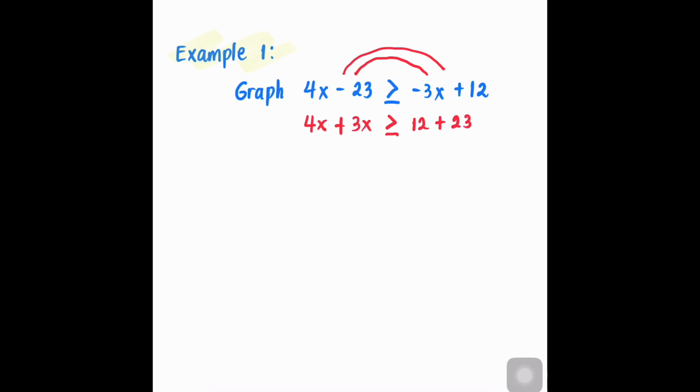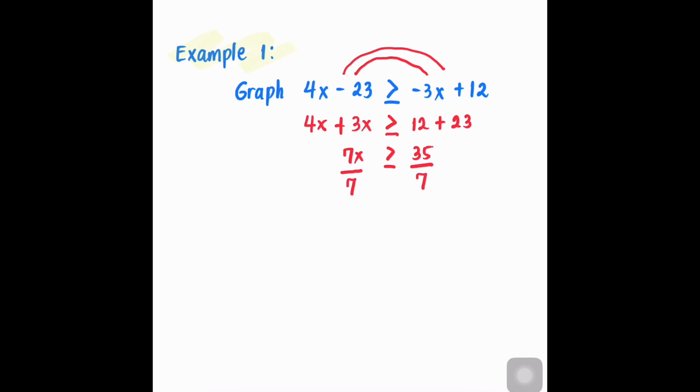And then carry on simplifying. So 4x plus 3x is 7x, greater than or equal to 12 plus 23 is 35. So to find x, definitely we need to apply the division property of inequality.